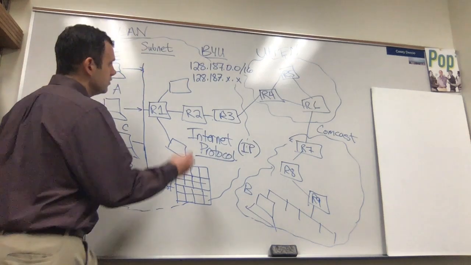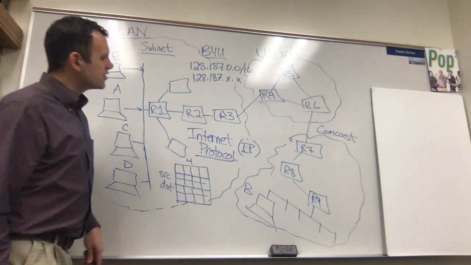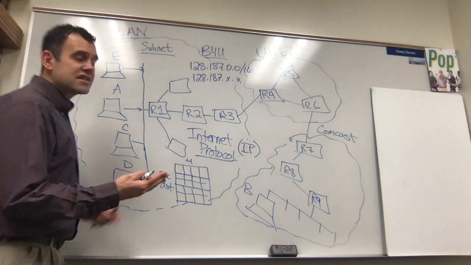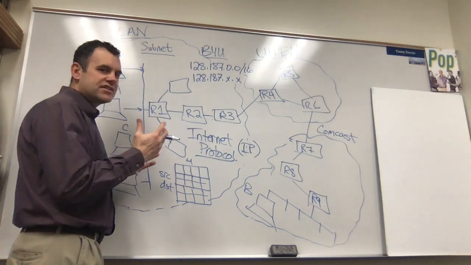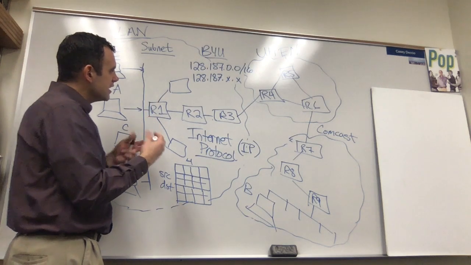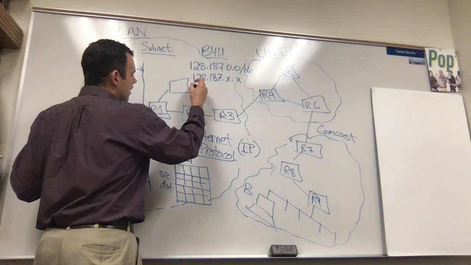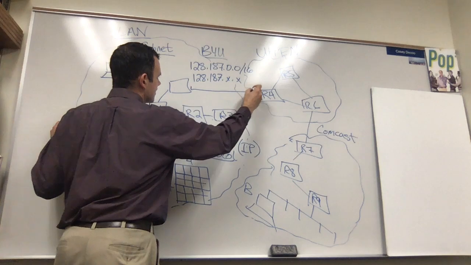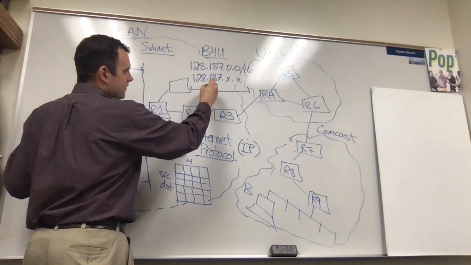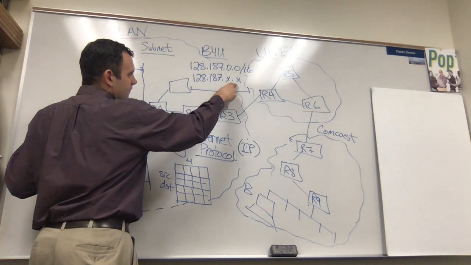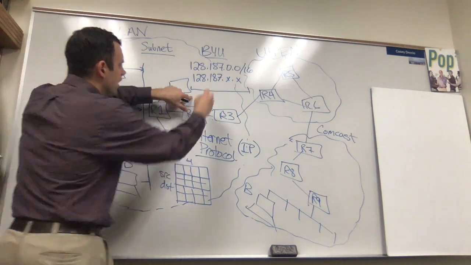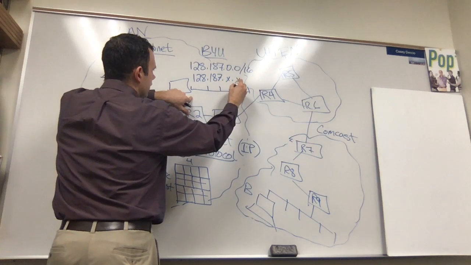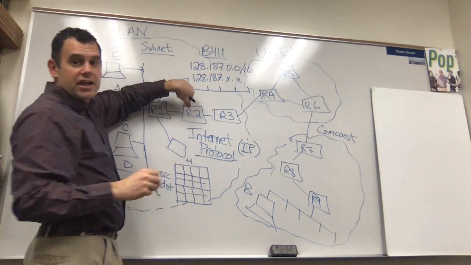Now when you look at this, you might say, well, that just looks like a bunch of decimal numbers. That is true, because that's how we represent it. We call that the presentation format, how we look at it. But in the end, if you take all that away, this 128, 187 is just a bunch of bits. Each one of these values between the dots is the decimal value corresponding to one of the 4 bytes of the IP address.